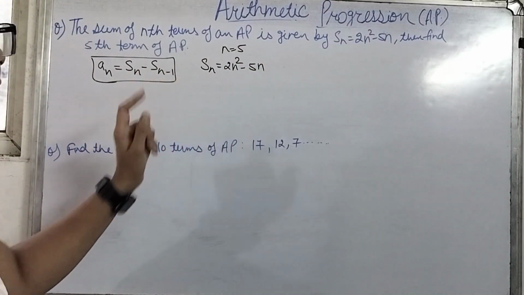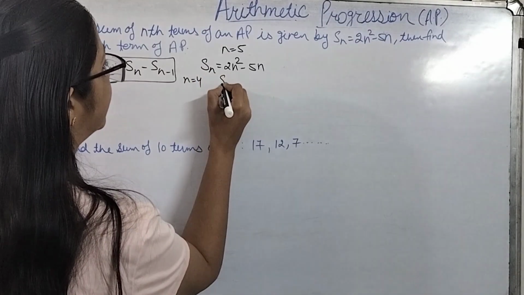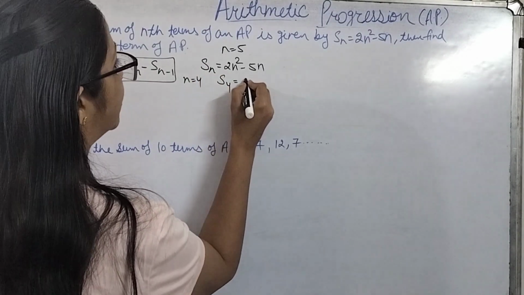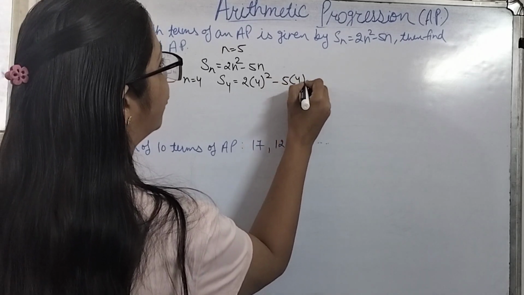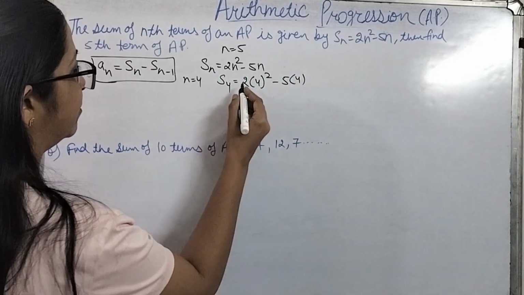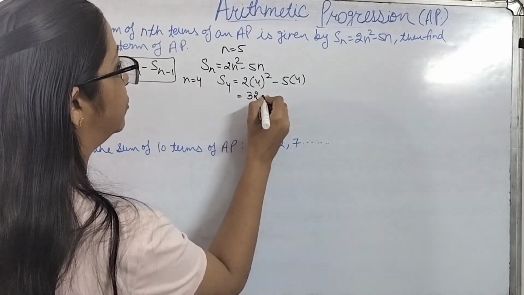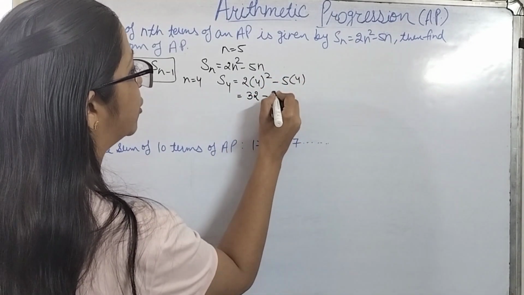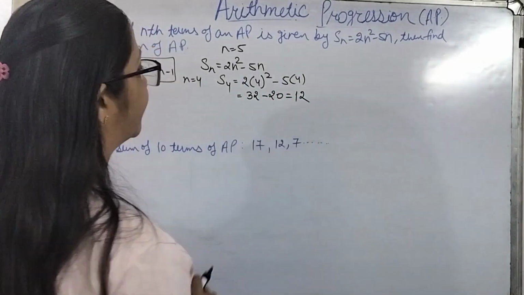If we keep n equal to 4 here, the sum of 4 terms is 2 multiplied by 4 square minus 5 times 4. Wherever n was written, we have kept 4. So 4 fours are 16, 16 twos are 32, minus 5 fours is 20. So the sum of 4 terms will be 12.